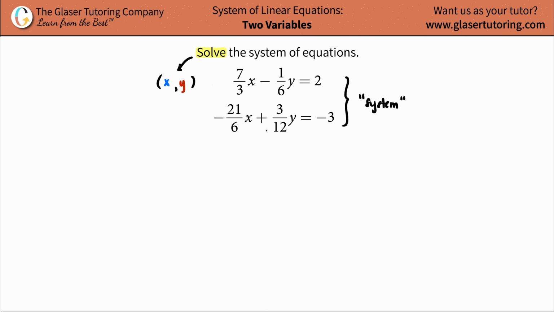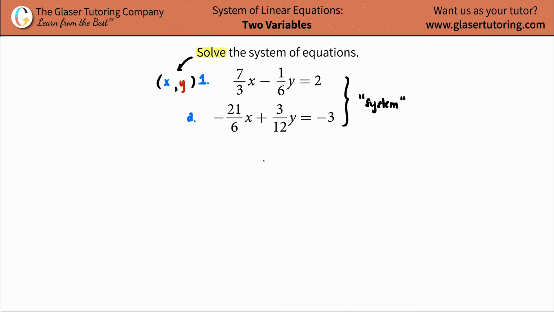Now, we will be multiplying these equations. So we're going to say this is equation number 1, and this is equation number 2. Since the values in front of either the x or the y are different, we know that we have to multiply at least one of them, and we try to make it easy for ourselves.